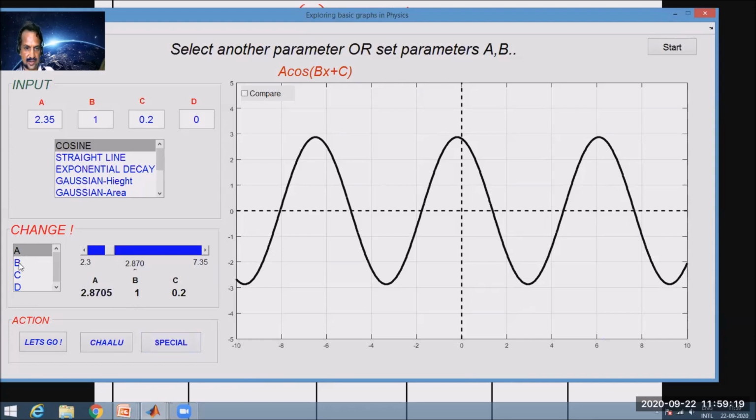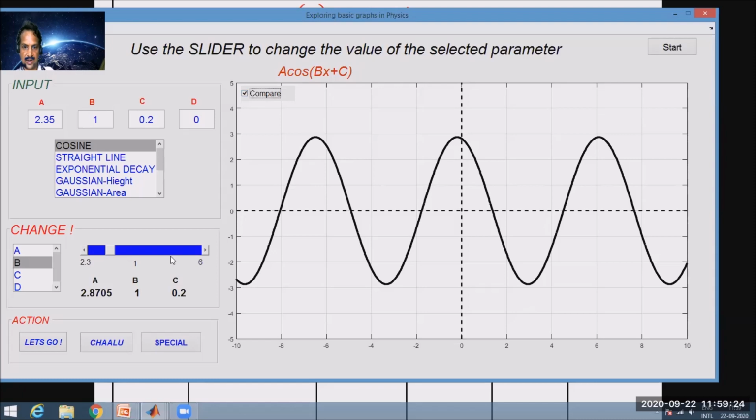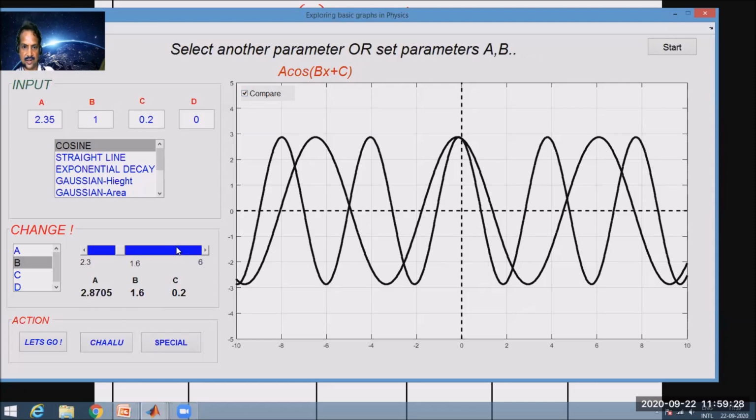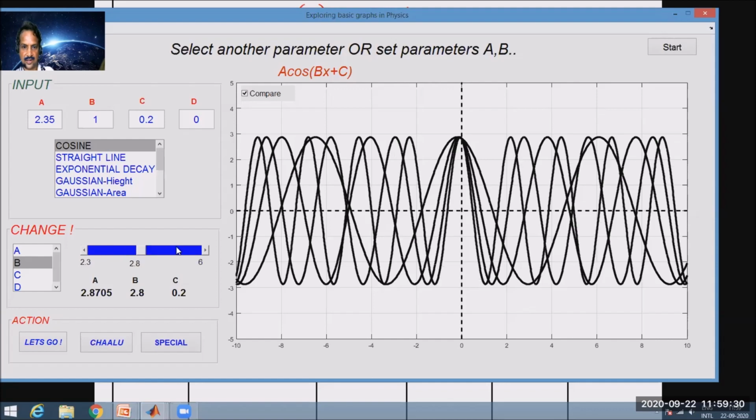Let us take the parameter B. So B is 1 at present. Now you can see things will change, but what is the y value? This remains the same. Everything else appears to change, but this point remains constant.